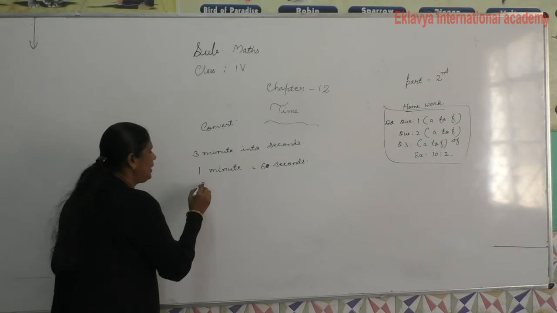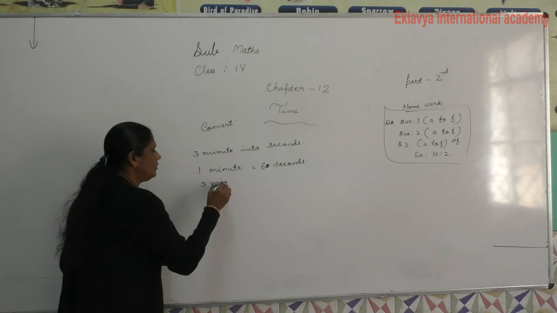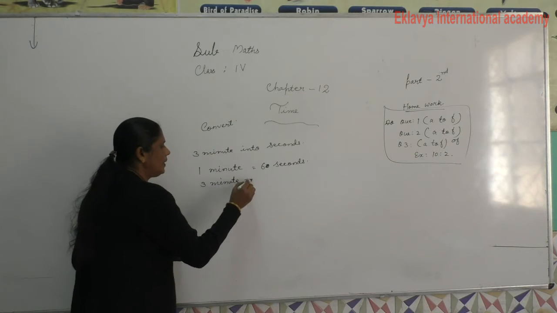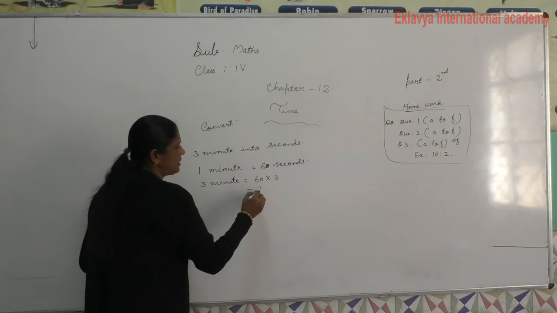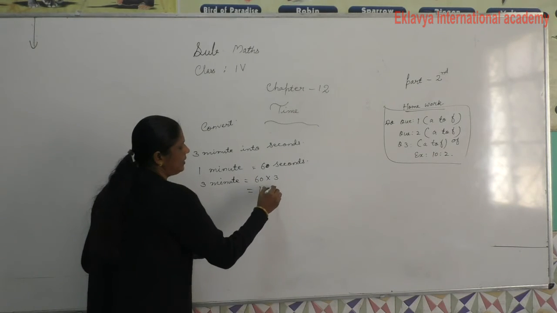Then 3 minutes is equal to 60 into 3, that is 180 seconds.